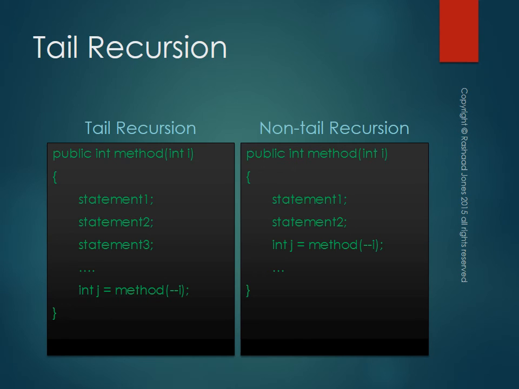So what the author is trying to get you to understand is what a tail recursion is: simply that the last line of the method is our recursive call, compared to a non-tail recursion where the recursive call happens anywhere other than the last line. The whole purpose is that a tail recursion has better performance compared to a non-tail recursion. But they still both aren't as efficient compared to an iterative loop. So make sure you understand that.